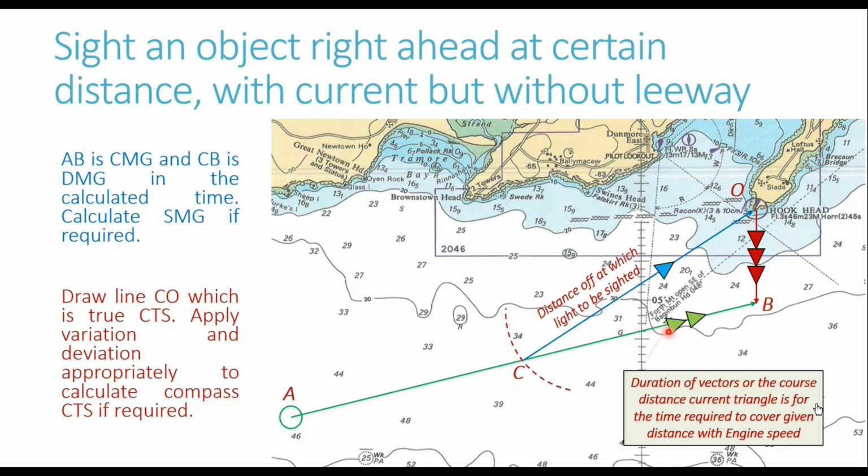Because you see the Charlie point is also the point where the lighthouse is going to cross from starboard bow to the port bow. So in some of the questions, the wording may be twisted slightly, and they will tell you to find out the position at which this particular lighthouse crosses your bow.